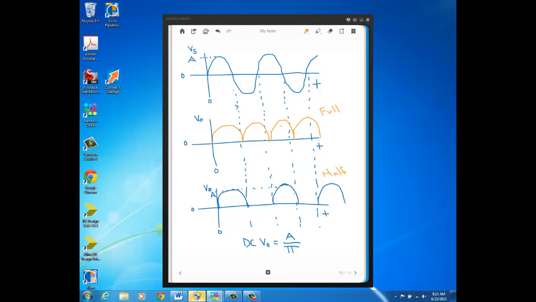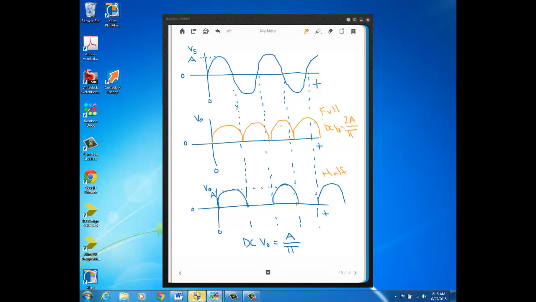So if you were to do the same analysis as we did with the half wave rectifier, you would see for the full wave rectifier that the DC value of V out would just be 2A over pi. Okay, so you see for everything being the same, you get twice the amount of DC voltage at the output with the full wave compared to the half wave case.